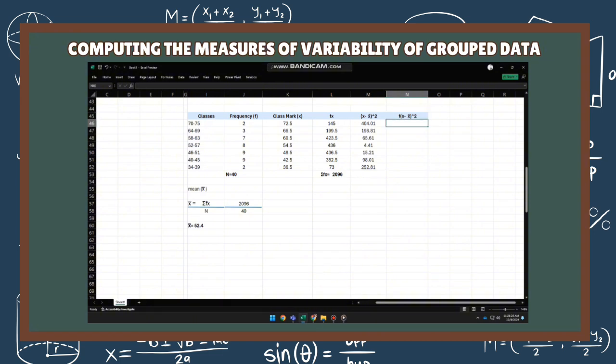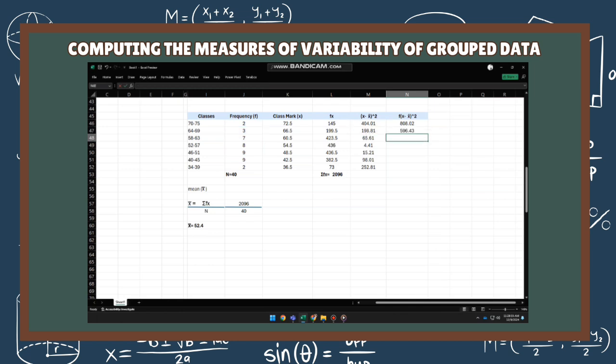Next naman is ito times natin yung sinolve natin na x minus x bar sa frequency. So, unang column is 2 times 404.01 equals 808.02. And then, ganyan lang.